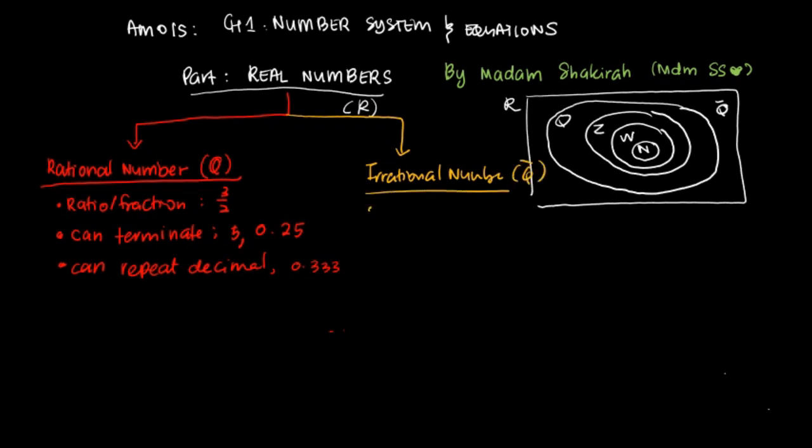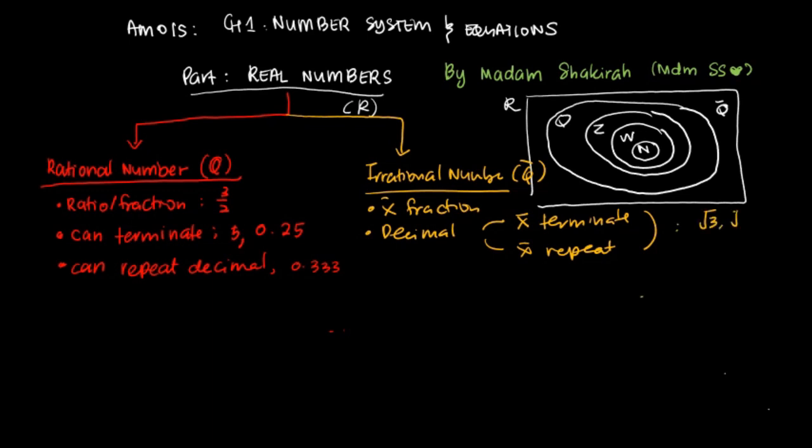Of course, it is not a fraction. It is a decimal, but it does not terminate and does not repeat. Examples of irrational numbers are square root of 3, square root of 5, pi, and 1.4142136. It does not repeat and does not terminate, a value that doesn't stop.